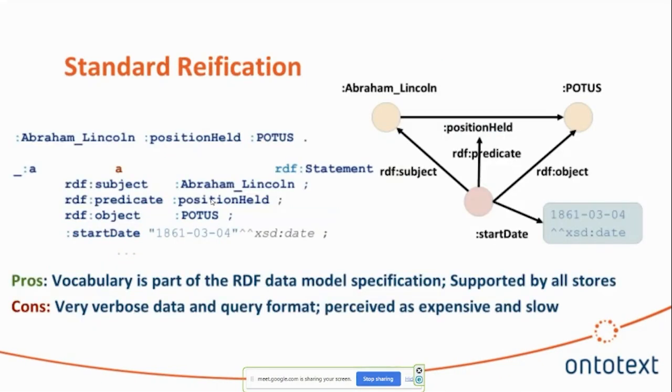Really, the most standard and widely used mechanism for modeling such n-ary relationships is the standard reification. Imagine we have a statement that a certain person has a position, and the actual position, like Abraham Lincoln, has the position President of the United States.